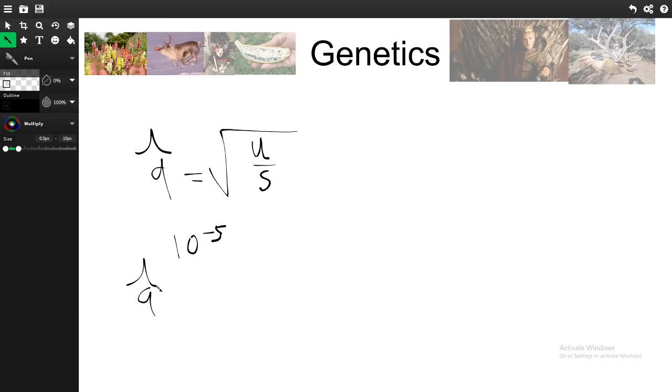Well, we say q hat equals the square root of 10 to the negative 5 over s. And do we know what s is? Well, we said that it was lethal, so that means that s would just be 1.